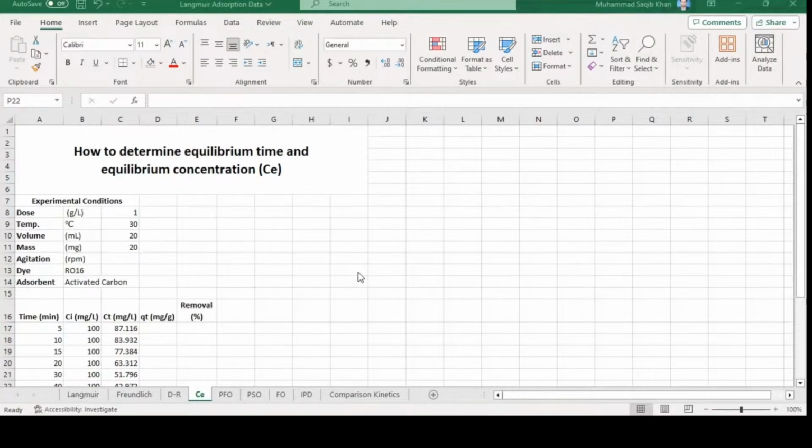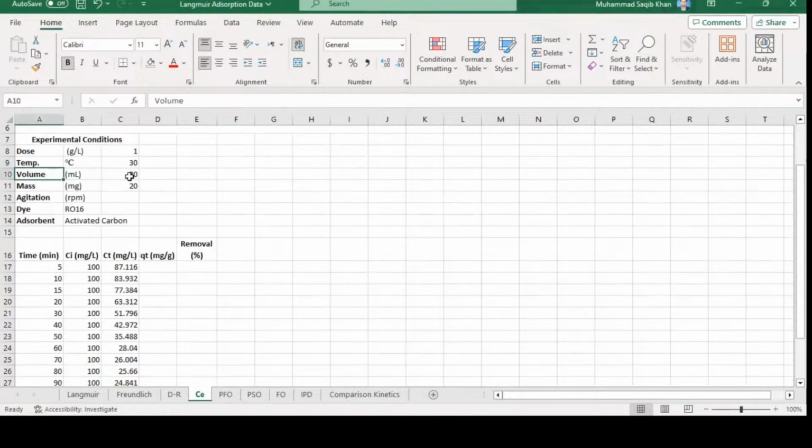The dose was 1 gram per liter, at 30 degrees C temperature, since we did it in summer and set our shaking incubator at 30 degrees C. The volume was 20 ml with 20 milligram mass, and agitation was around 150 rpm. The adsorbent was activated carbon, activated with H3PO4.